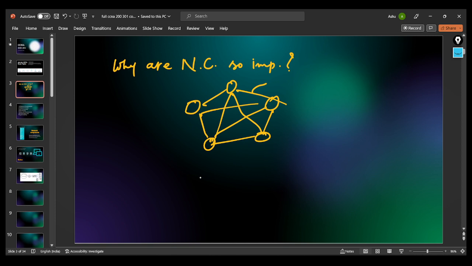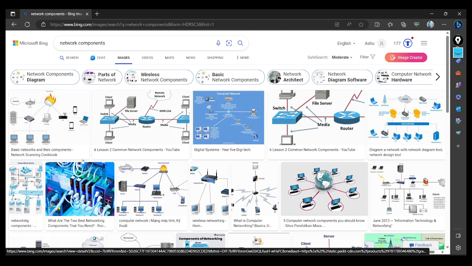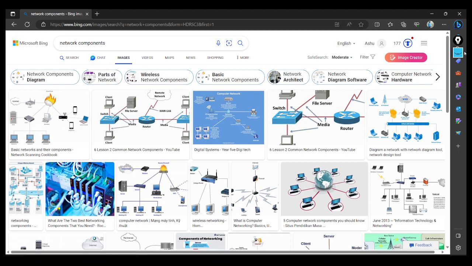Now we should look at the network components. Here we can see that this is a firewall. This is a WAN link to connect a router with the internet.